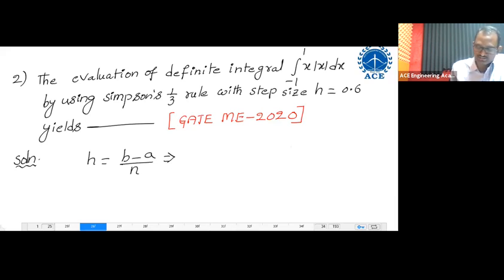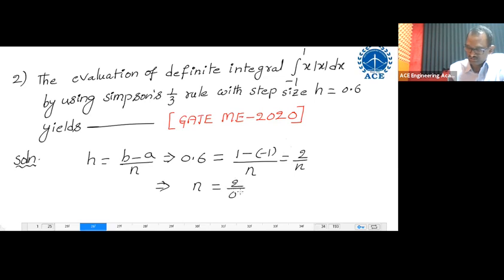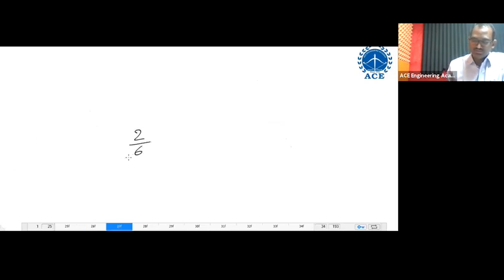The h value is 0.6, so (upper limit minus lower limit) divided by n is equal to 2 by n. n is equal to 2 by 0.6. Two divided by 6 by 10, that is 20 by 6.